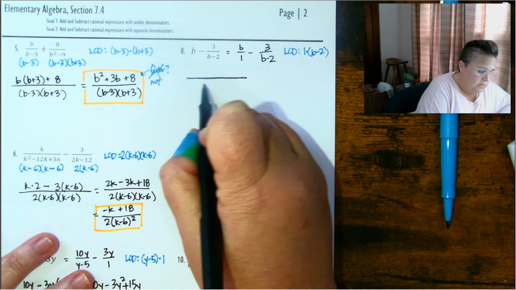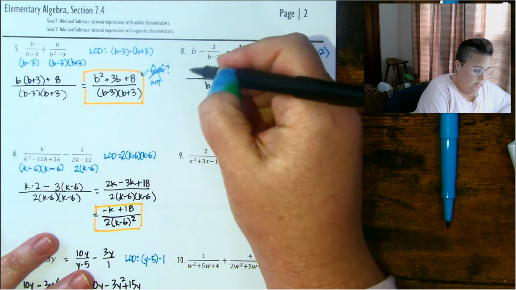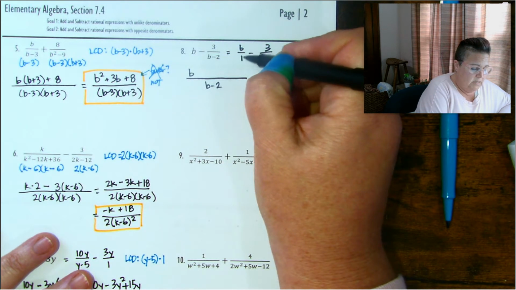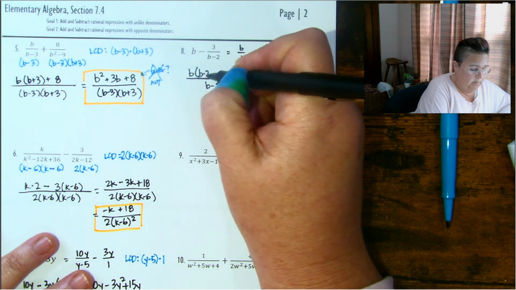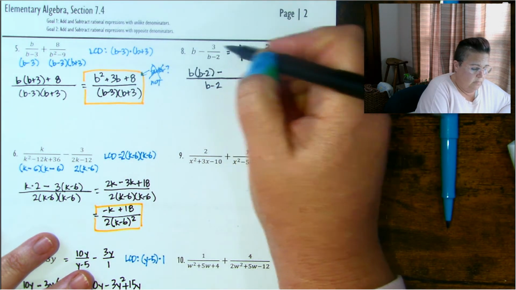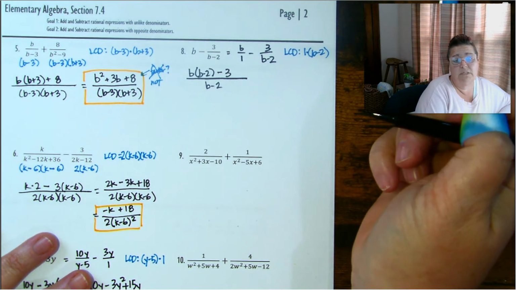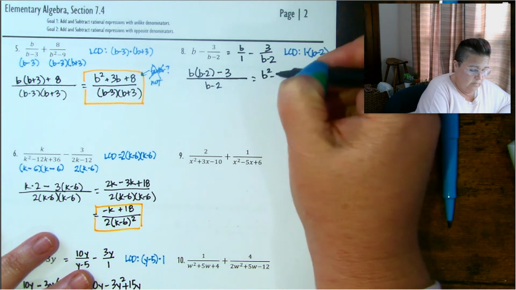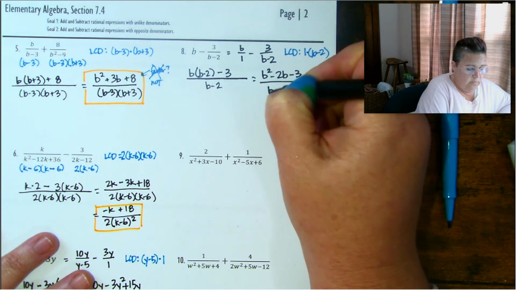So my denominator is going to be b minus 2. I'm going to start with that first b, and I need to multiply this by b minus 2, minus the 3, which was already over b minus 2. So that's good. So this is going to be b squared minus 2b minus 3 over b minus 2.